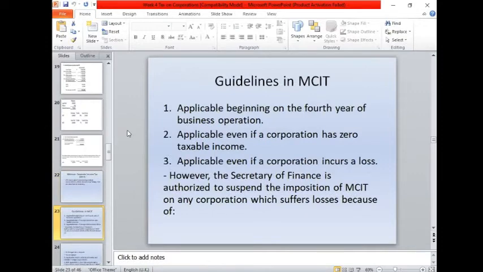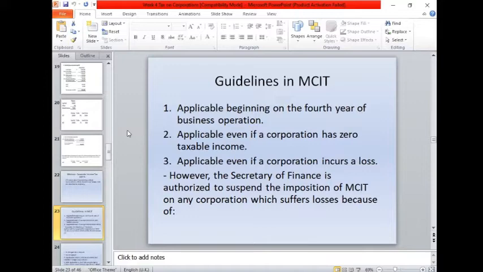So what are the guidelines in order to apply the minimum corporate income tax, which is 2% of the gross profit? Especially if the corporation is operating for 4 years, or at the beginning of the 4th year of operation, the MCIT shall apply to compute and to compare with the normal corporate income tax.